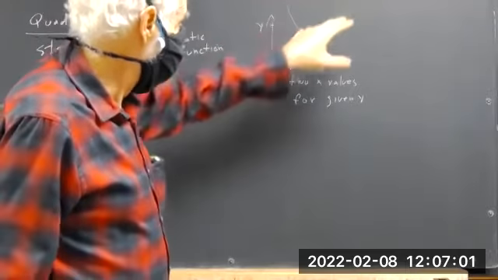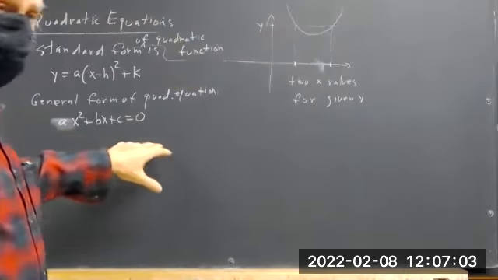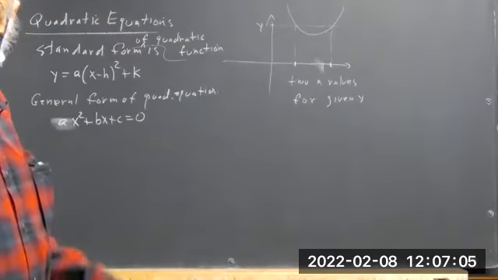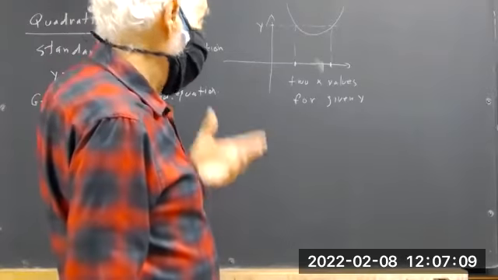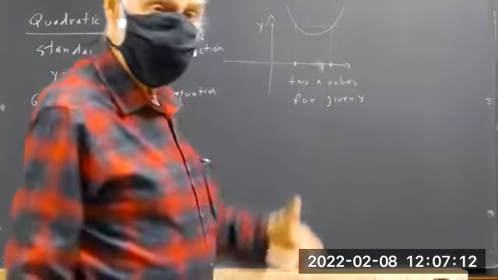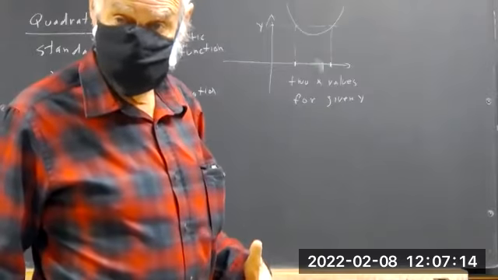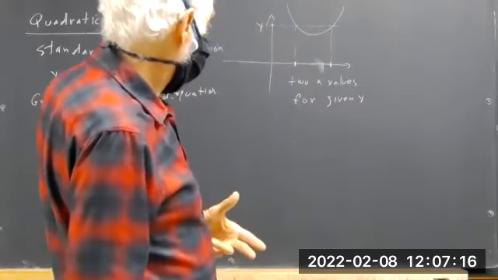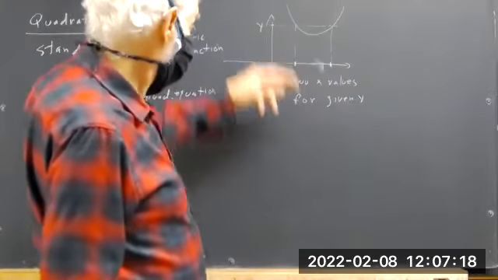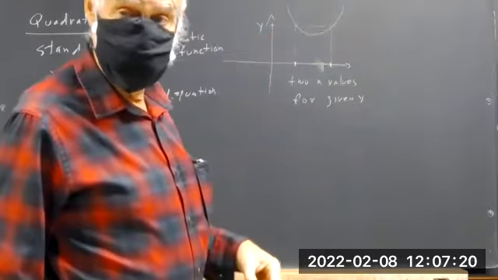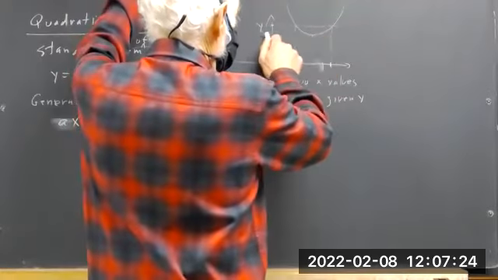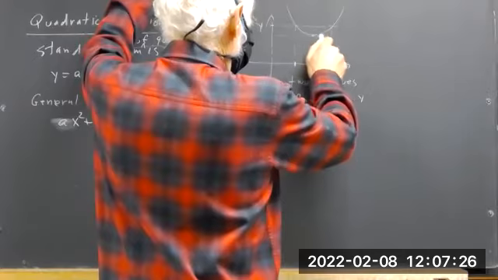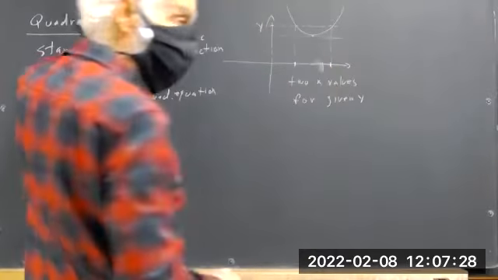So if this is your quadratic function and this is a corresponding equation, for a given y you might not have a solution. If you do have a solution, usually there are two of them, unless y is this value, right?